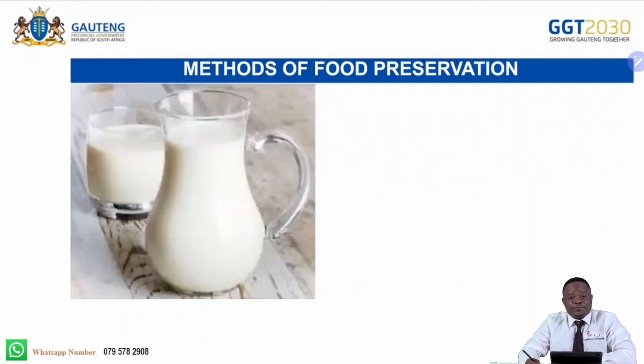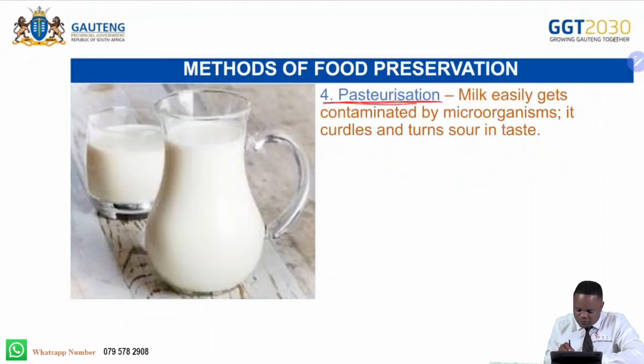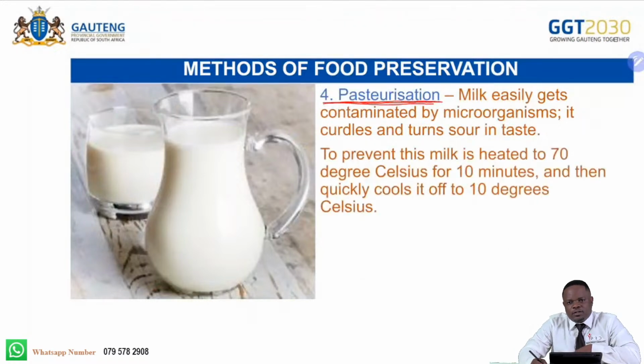All right. Our next method that we want to talk about is called pasteurization. When you think of that, some of us think of milk, pasteurized milk. Right, and this is a method that we use to preserve our food. And what does it involve?